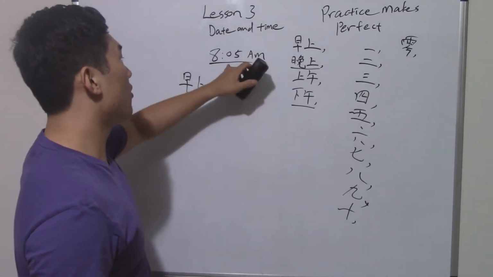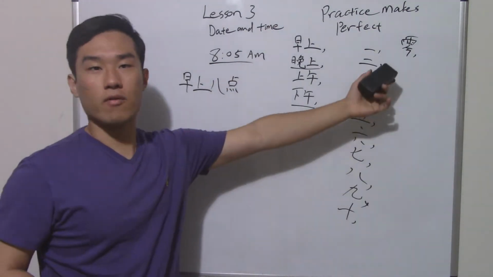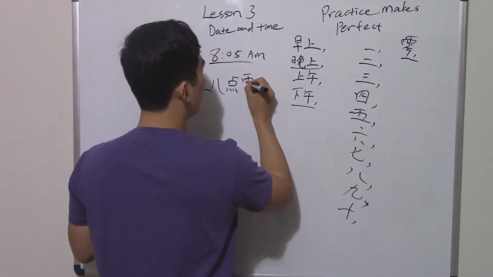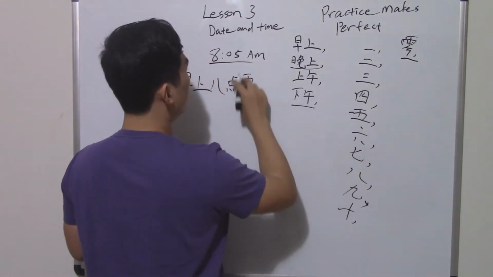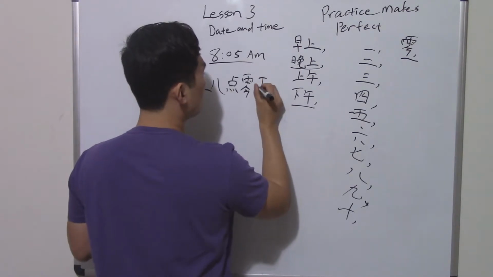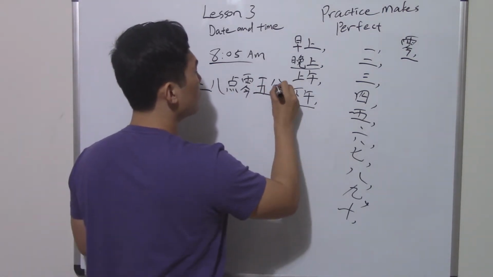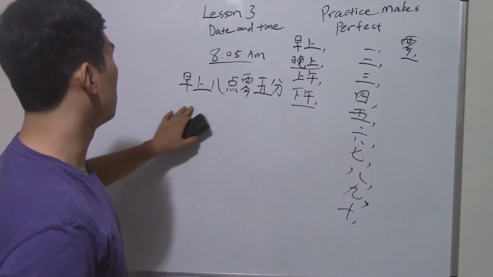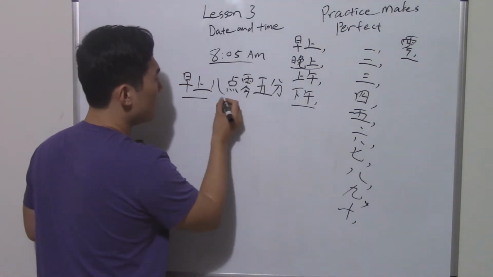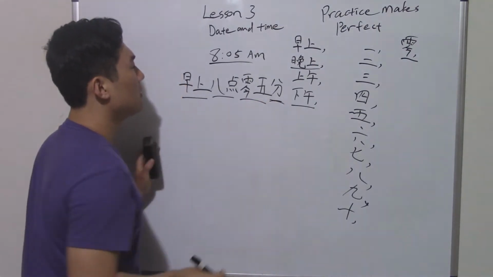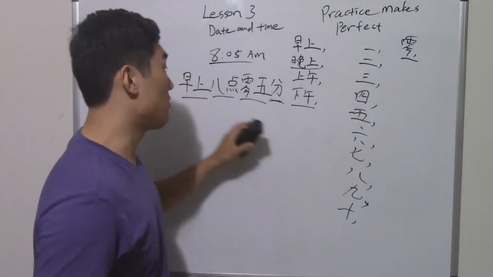Now how about 05? You simply write 零5, the number 05, and then the word for minute will be 分. So 早上 is the AM, 8 o'clock, then 05 minutes, 早上8点05分. That's how you write it in Chinese.